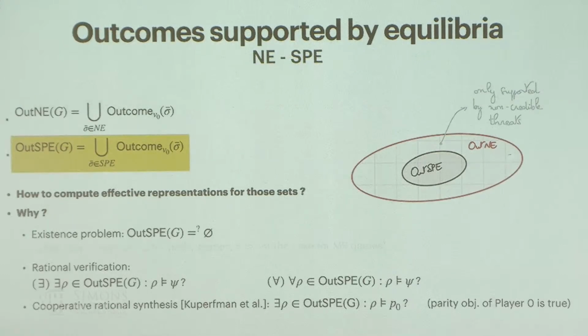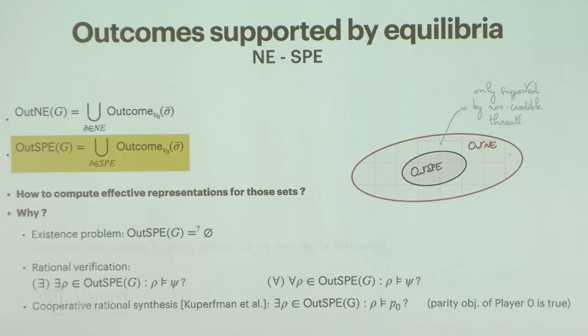Okay, so if we look at these two sets, they are related like that, right? So all the SPE are Nash equilibria, so this set is inside this set, but all those outcomes that are not supported by an SPE are supported by Nash equilibria where you use the non-credible threats to ensure the existence of the Nash equilibria.